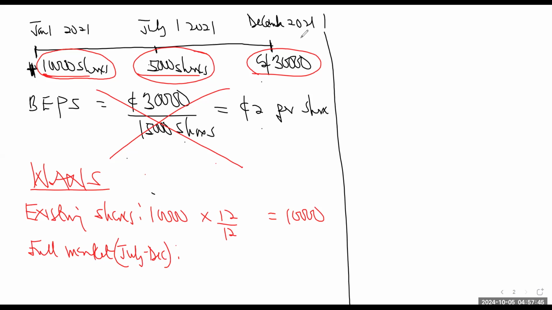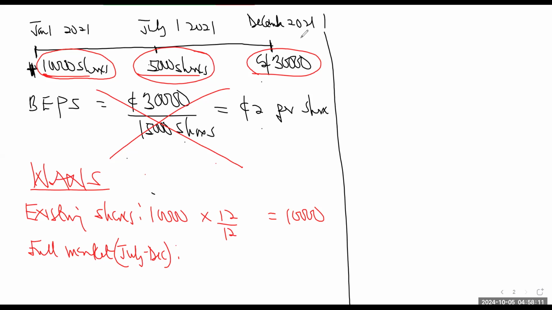We calculate earnings per share for a full year, so that will be from January to December. We have 10,000 shares from January to December, so that has made a full year contribution to the profit. But we have the new shares from July to December, so it means that we operated for 6 months before issuing this.